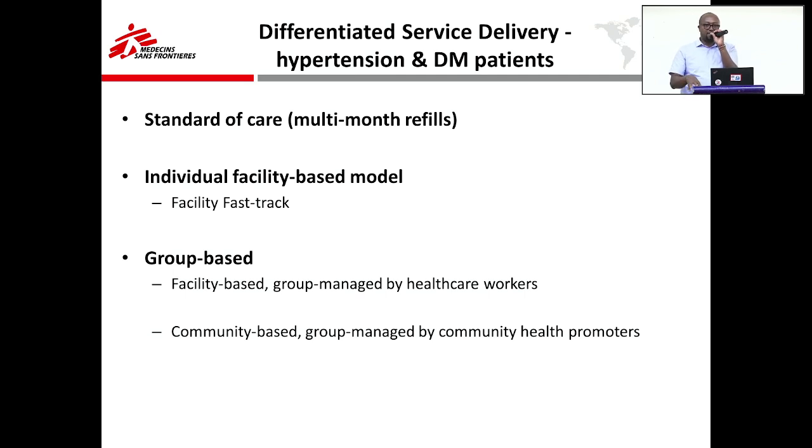A CHV will come with our medication and does blood pressure measurement. Although the blood pressure measurement is not needed, we are doing an operational research, I'll talk about it. Then within 30 minutes, the CHV does some health education, and we should all go to do our activities. So that is the community-based.